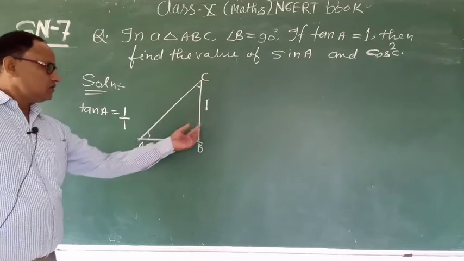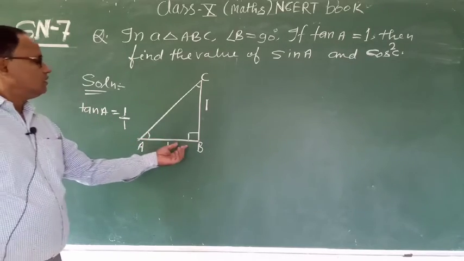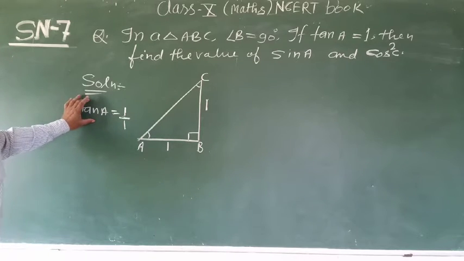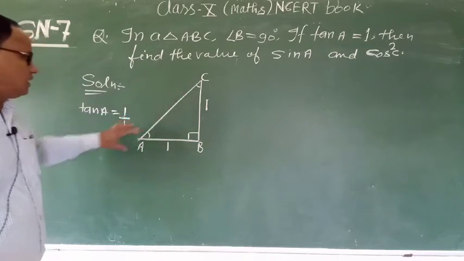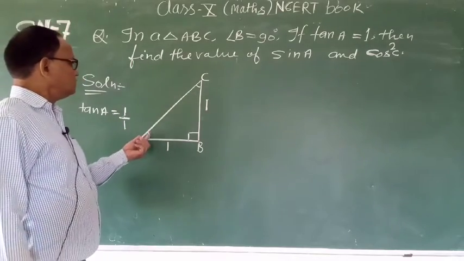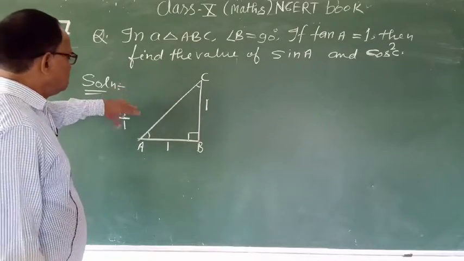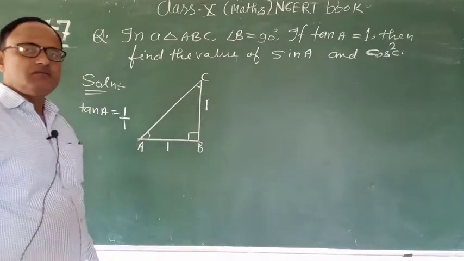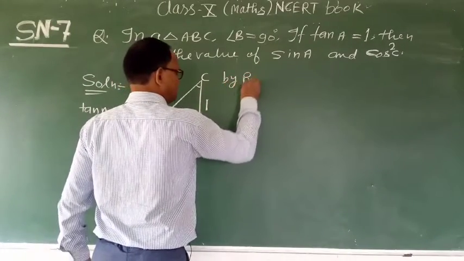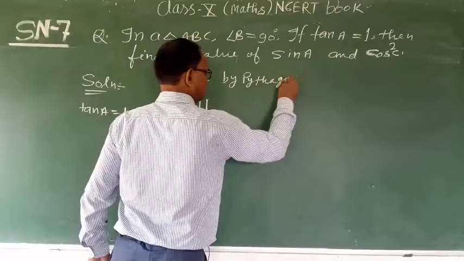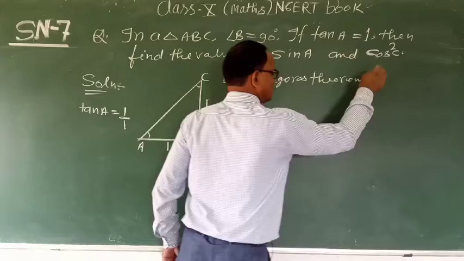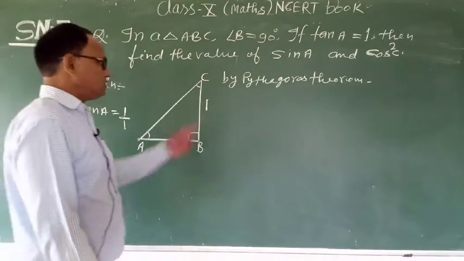But two sides are clear by this ratio, but the third side is unknown. Then the third side is determined by use of Pythagoras theorem. Okay, student.